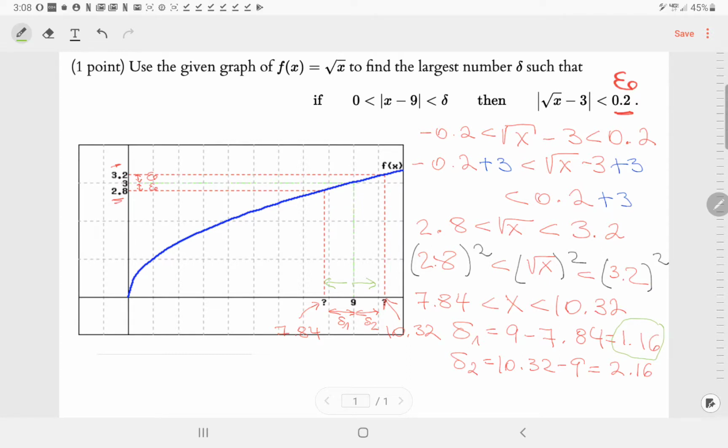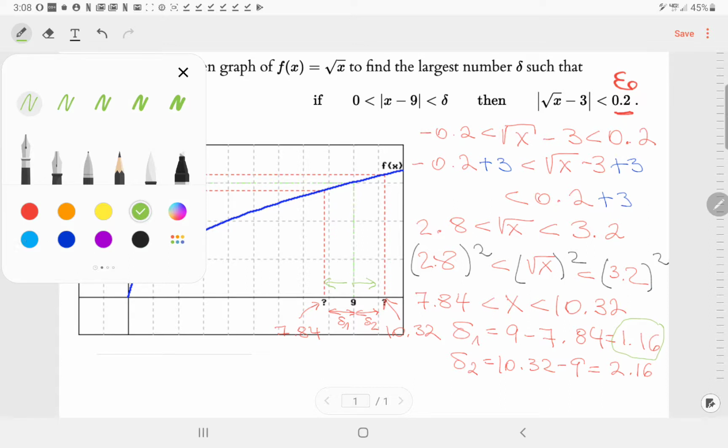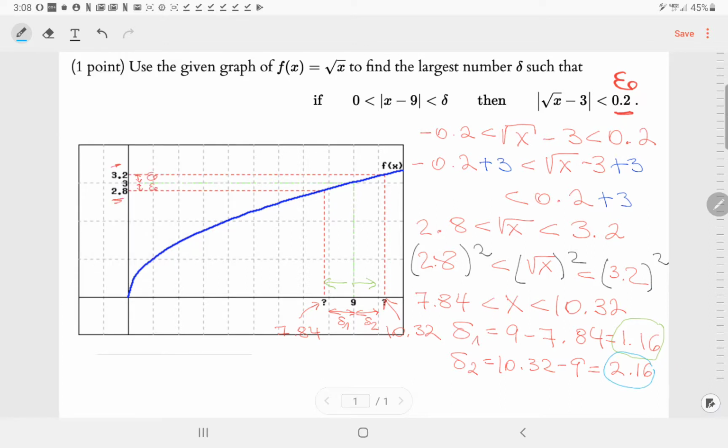However, if we pick the bigger value and go that far, we'll get out of the region that we're looking for. We'll still be inside on one side, but we'll get outside the region if we pick the bigger value. That's why the result for delta is delta 1, the smallest of the two, and it will be 1.16, and this is our answer.